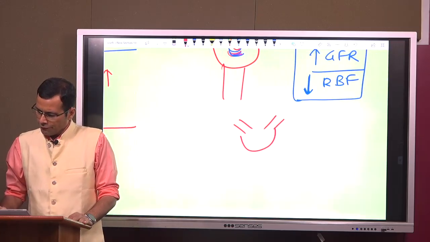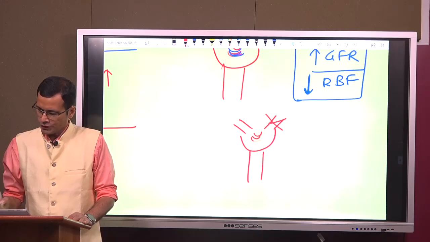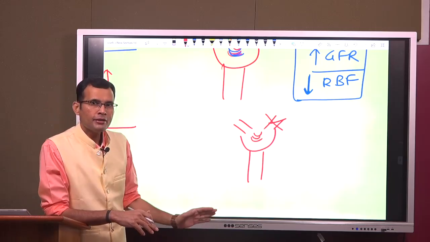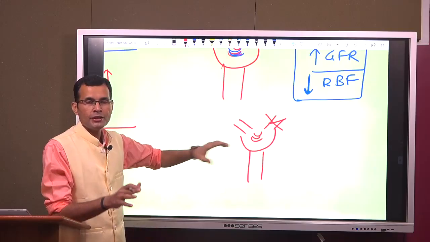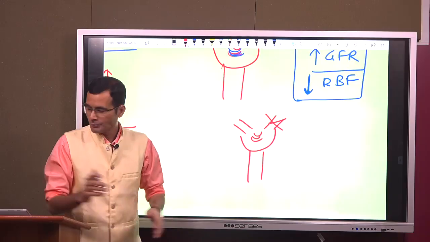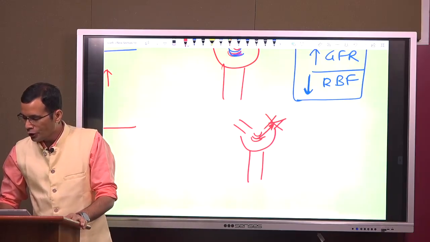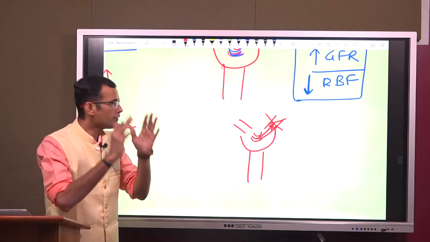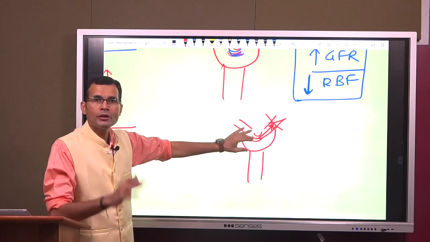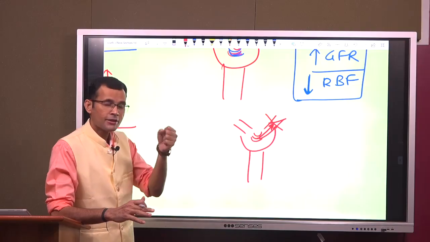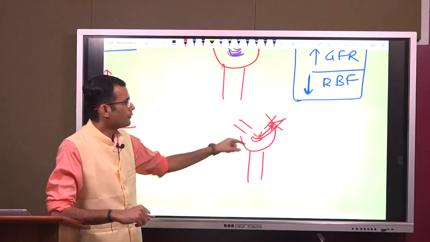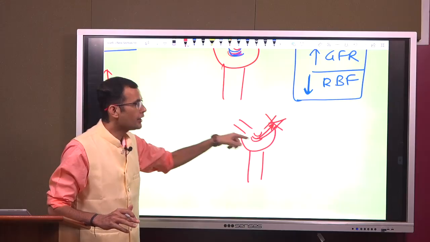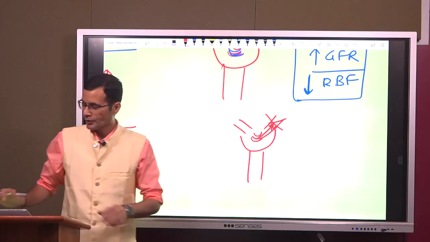Look, if there is a severe and sustained constriction, what will happen is the plasma proteins in the capillaries are unable to leave the glomerular capillaries. That means plasma proteins will stay in the glomerular capillaries because it's a severe sustained constriction of the efferent arteriole. So, plasma protein concentration will increase in the glomerular capillaries.